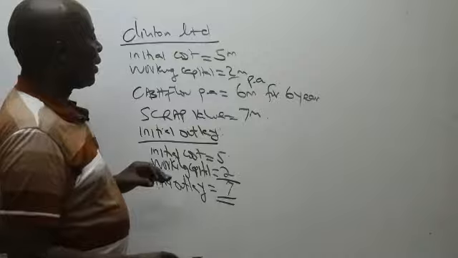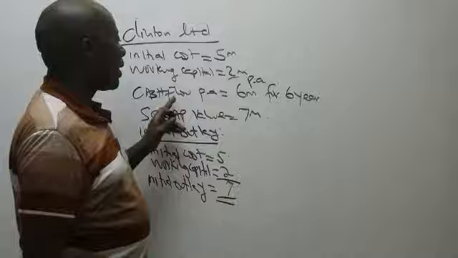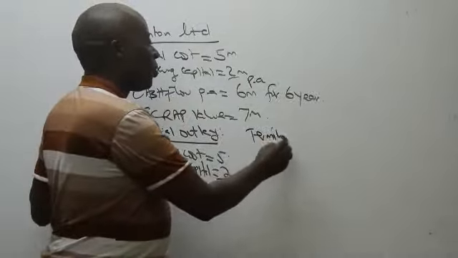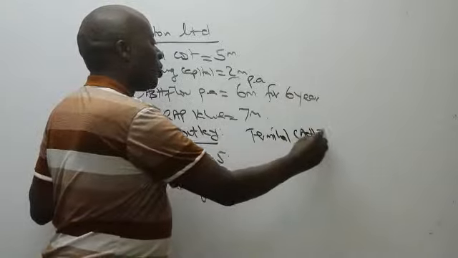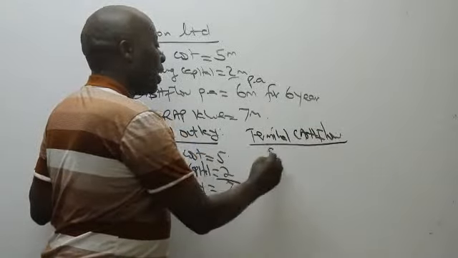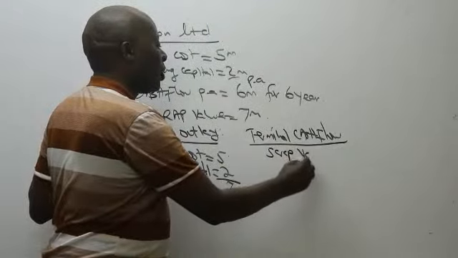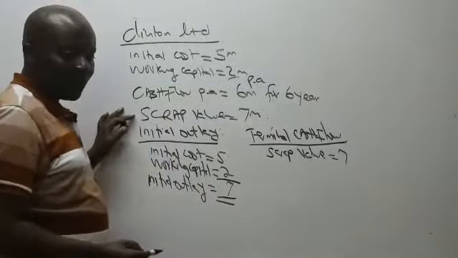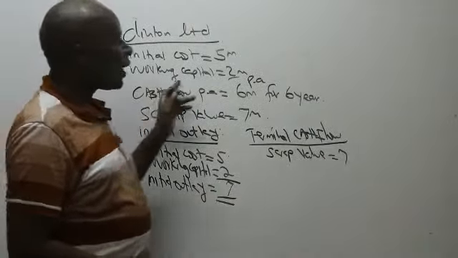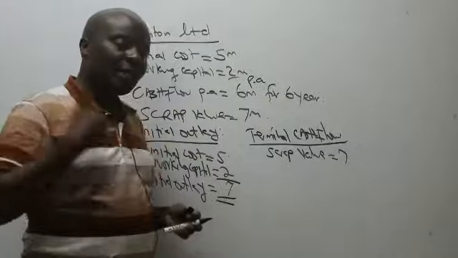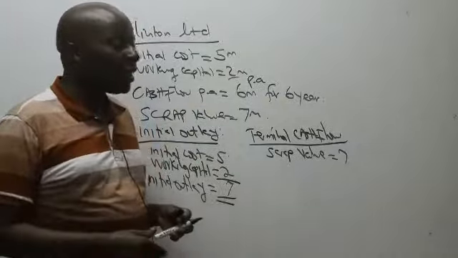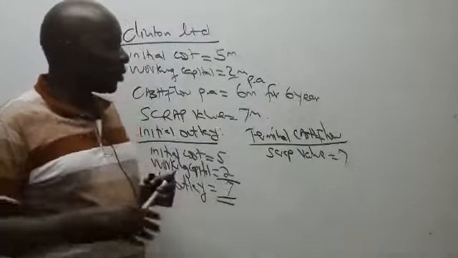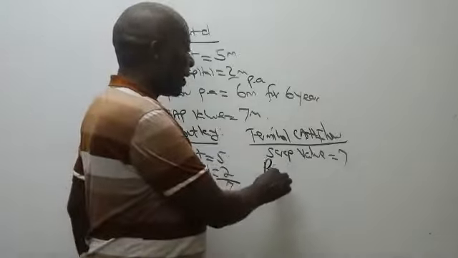All right. So we have the terminal cash flow. In the terminal cash flow, we have the scrap value, which is 7 million. Remember, unless you're told otherwise, when the project comes to an end, the working capital you had put in at the beginning is released. So we have here the release of working capital.